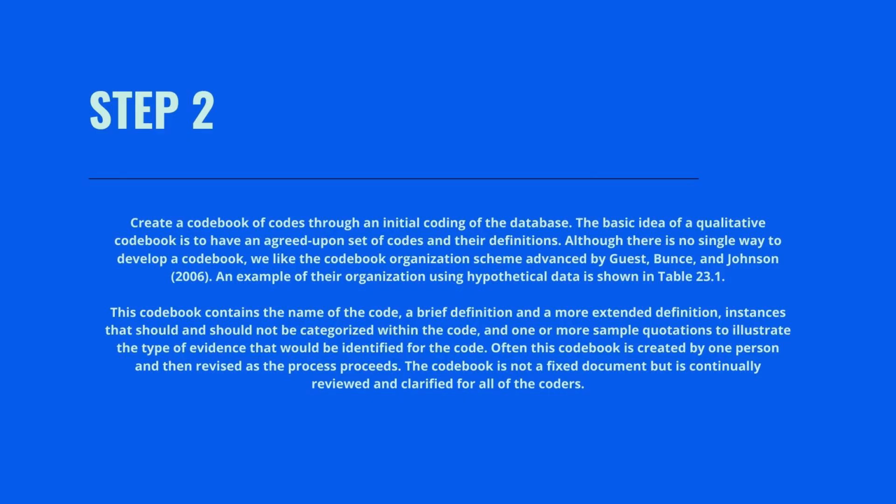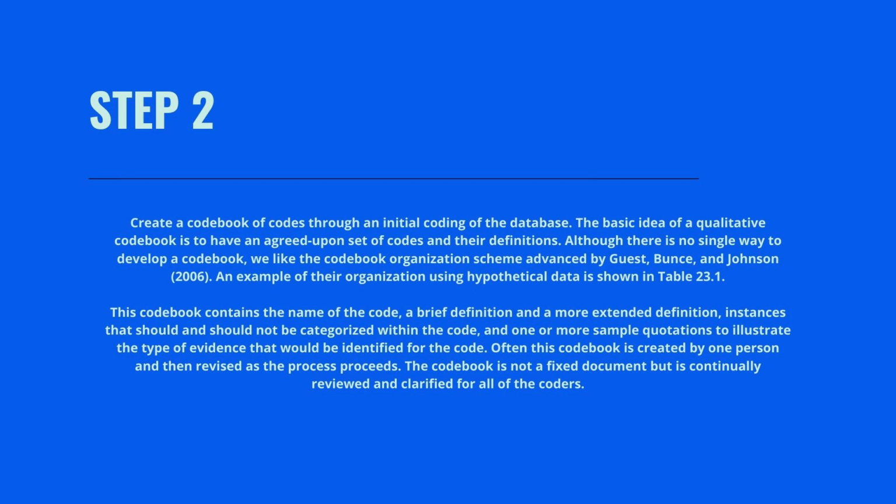Step 2. Create a codebook of codes through an initial coding of the database. The basic idea of a qualitative codebook is to have an agreed-upon set of codes with their definitions. Although there is no single way to develop a codebook, we like the codebook organization scheme advanced by Guest, Bunce, and Johnson. An example of their organization using hypothetical data is shown in Table 23.1.